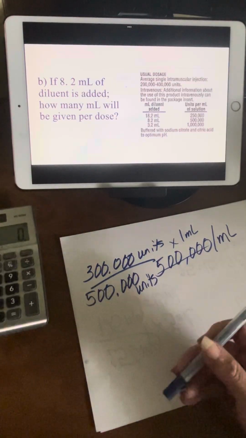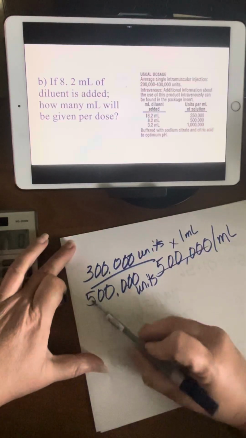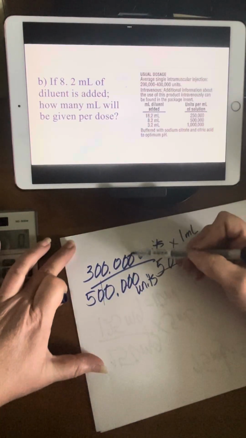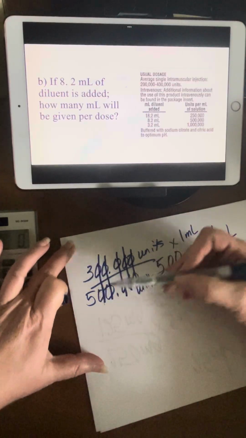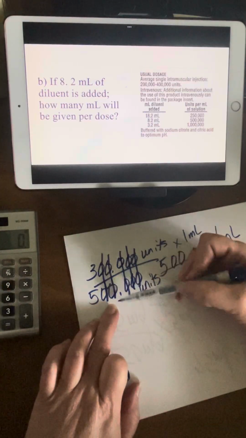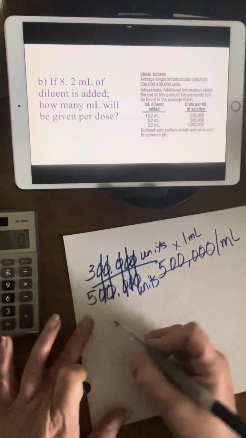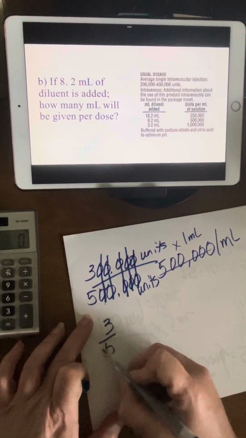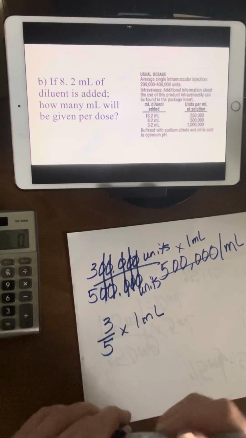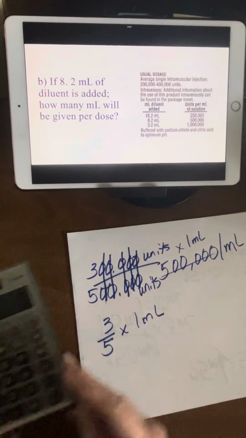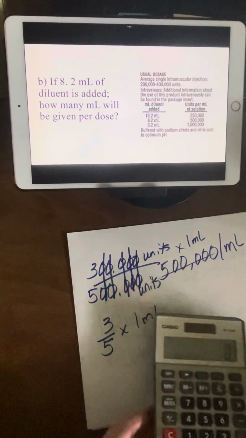Look at this: everywhere there's a zero, you can mark that off, mark that off, mark that off. As long as there are zeros in the same spot, you can do that, and get 3/5 per 1 ml. Somebody is just relishing in the fact that I just did that.